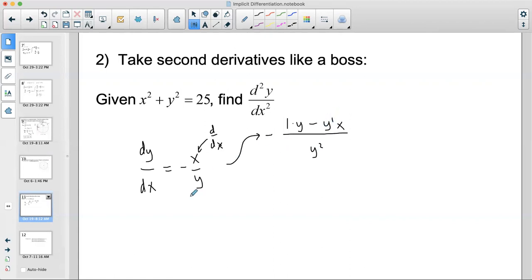Well, I already know y prime. It's right there, y prime in terms of x and y. I already found it when I did the first derivative. That means I can replace this y prime with negative x over y. So we would write negative 1 times y is just y, minus, and instead of y prime here, I can write negative x over y. That negative and that negative make this a plus. x over y times x is x squared over y, all over y squared.